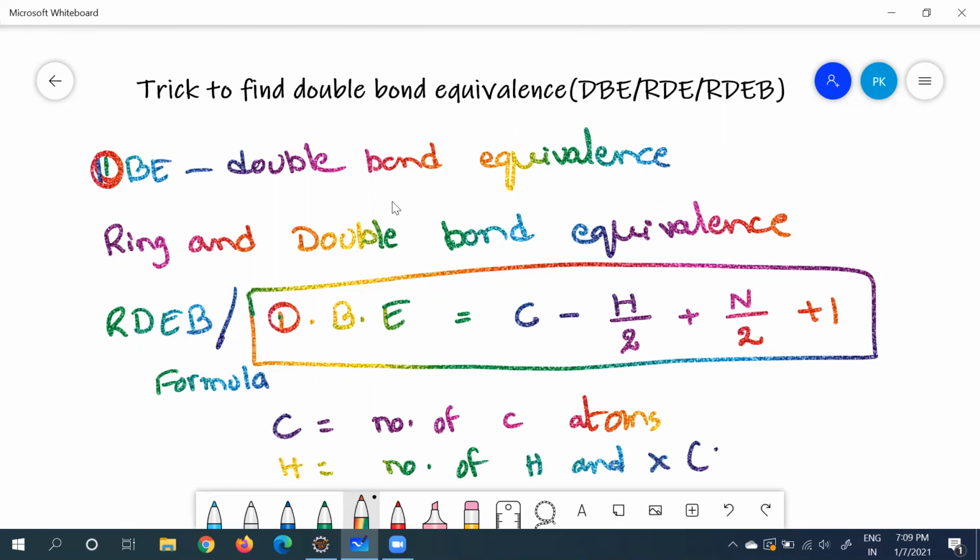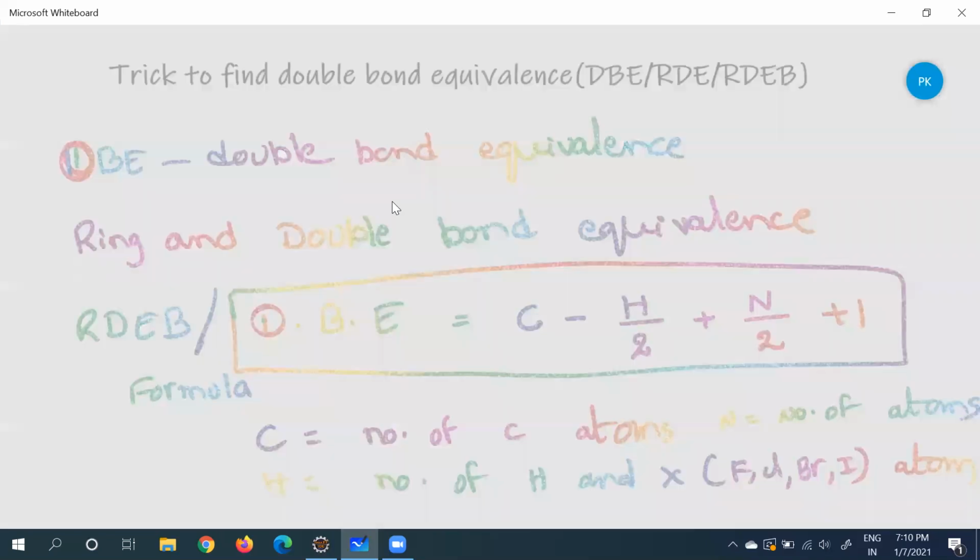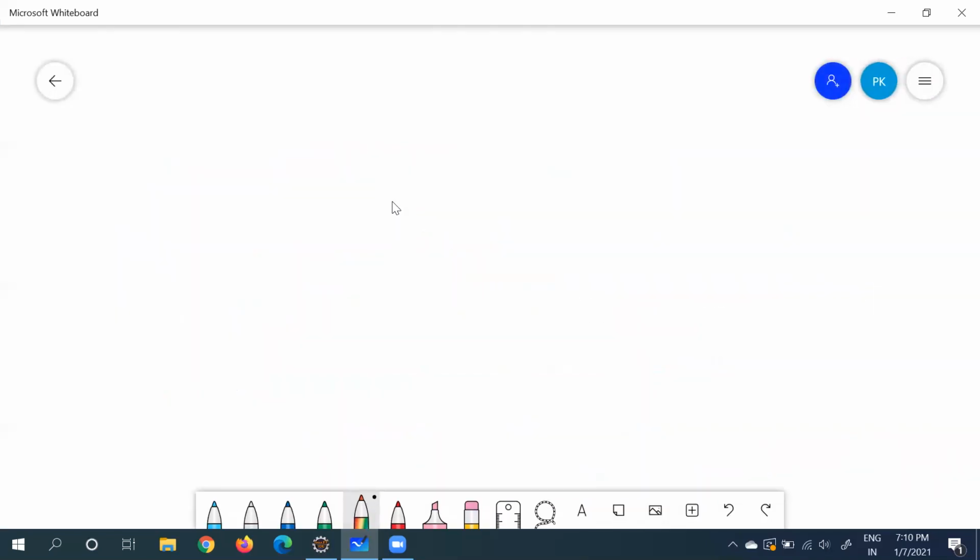X means halogen, like fluorine, chlorine, bromine, iodine. If they are present, you have to count them. And N is the number of nitrogen atoms. If you know this formula and how many atoms are present, you can simply calculate double bond equivalence. Let us see it with the explanation.